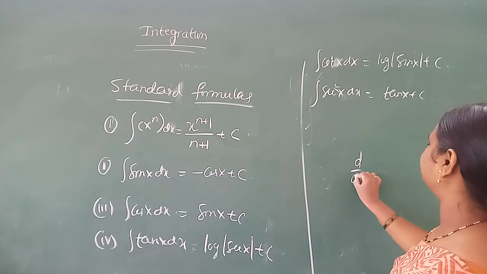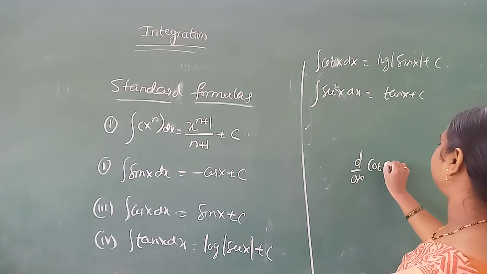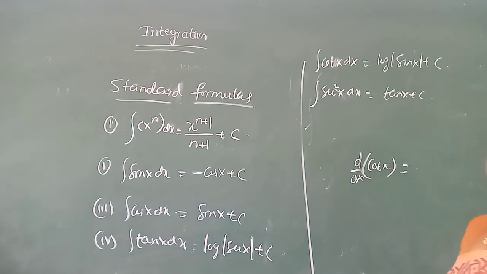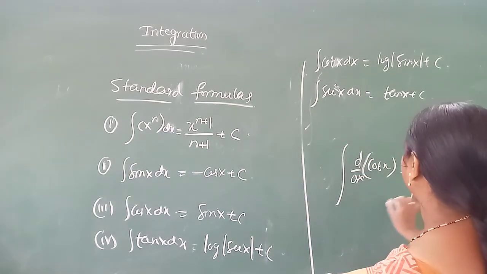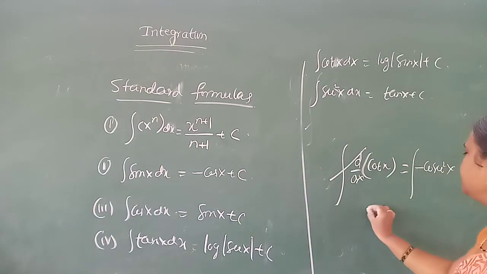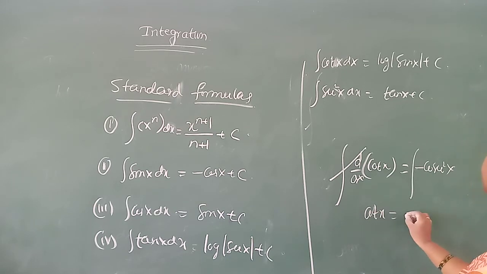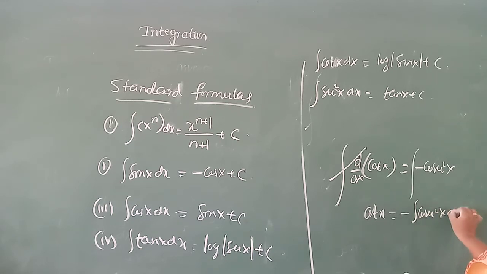Differentiation of cot x. What is the differentiation of cot x? Minus cosec square x. Correct. Apply integration on both the sides. Integration and differential get cancelled. Cot x is minus cosec square x dx.